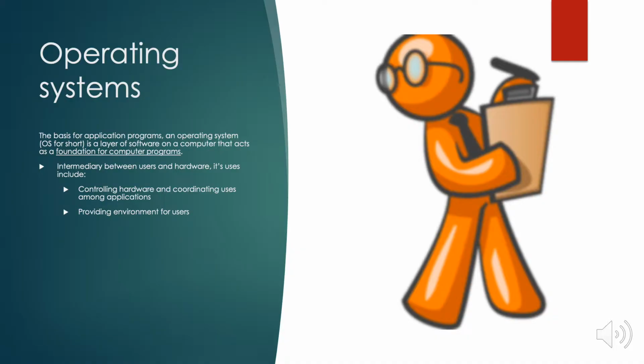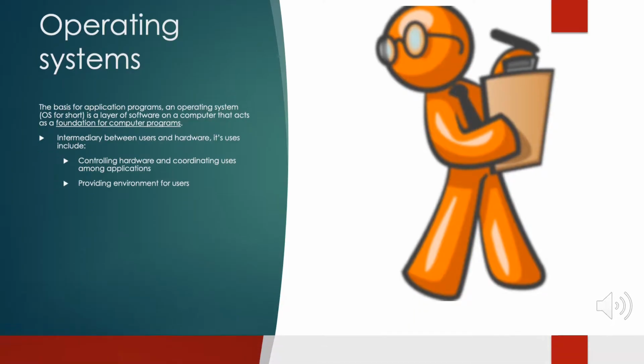The OS is designed for user interaction, meaning how the person inputs data or how the person uses that computer. The OS also allocates resources for the user. So when a user goes to use a specific application, the OS tells the hardware, hey, we need this amount of resources allocated at this time to support this application.